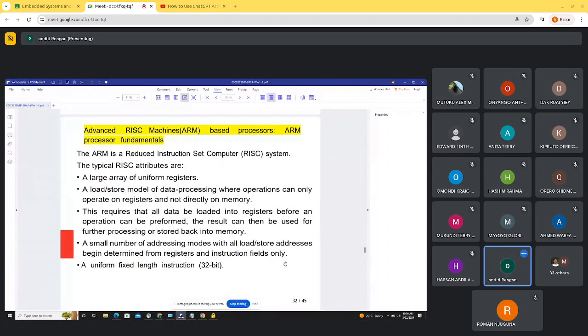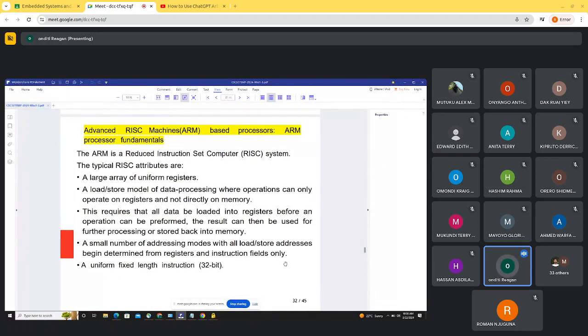These are key in terms of developing a register that is utilized by a system. So in most cases, you need to understand what a RISC system is and what the components of a RISC system are.